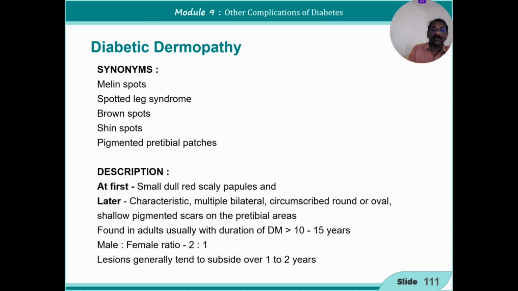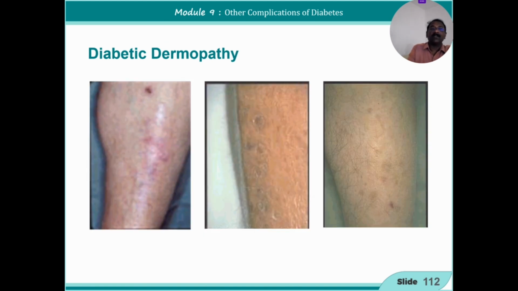Found in adults, usually with duration of diabetes more than 10 to 15 years. Male to female is 2 to 1, whereas NLD is female predominant and here it is male predominant. Lesions generally tend to subside over 1 to 2 years. So this is diabetic dermopathy.